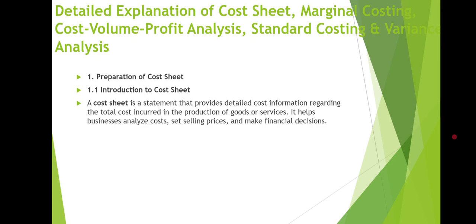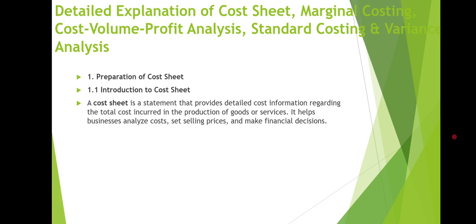Basically, cost sheet is a statement that provides detailed cost information regarding the total cost incurred in the production of goods or services. It helps businesses to analyze cost, set selling price and make financial decisions. Okay? So basically, total cost incurred for the production of goods and services, that is called cost sheet.